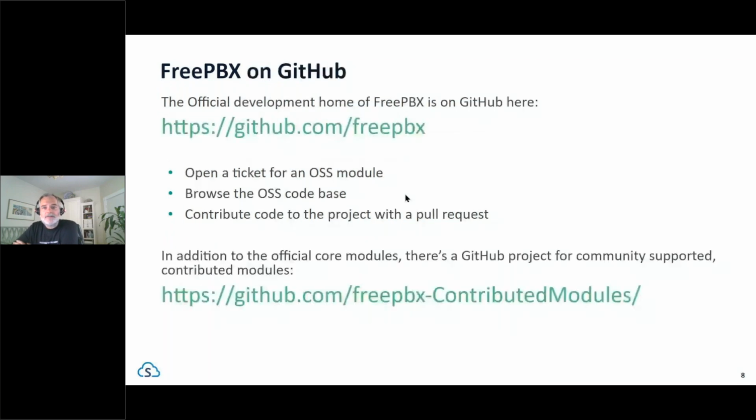Next slide, please. Again, as shared in blog posts over the last several months, as well as probably in webinars, the official development home of FreePBX is at github.com/freepbx. So all open source ticketing is done there.